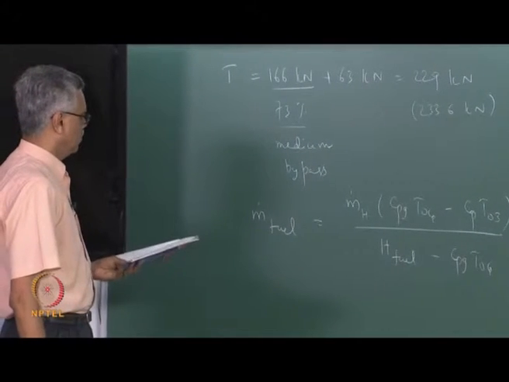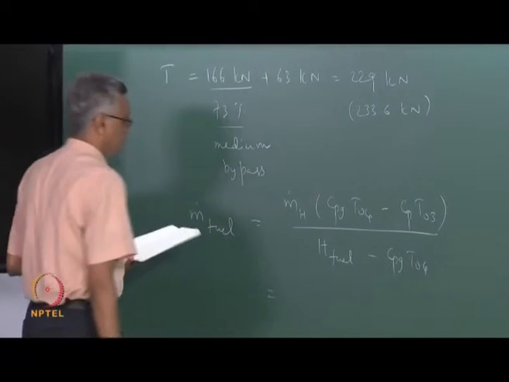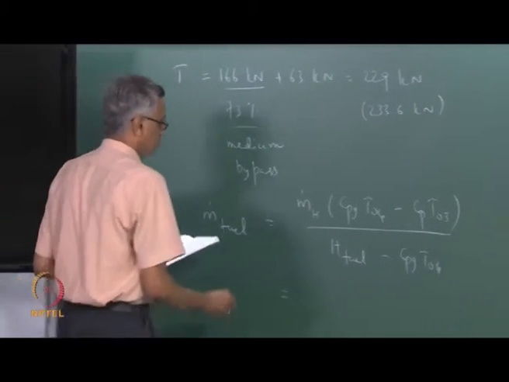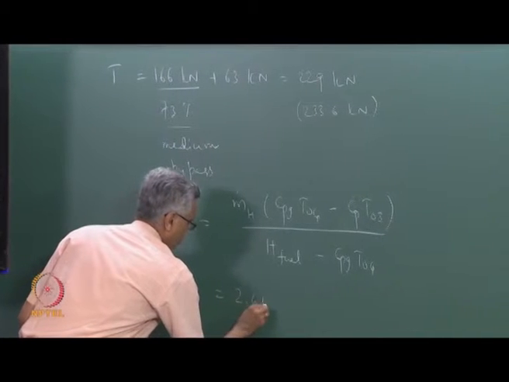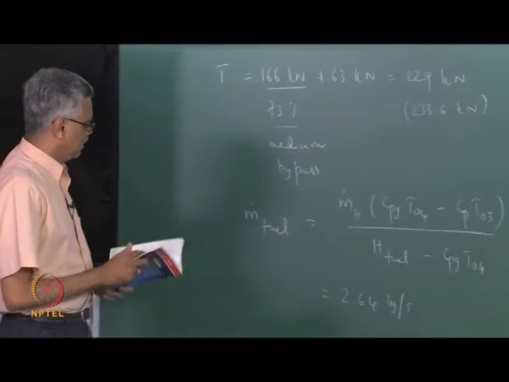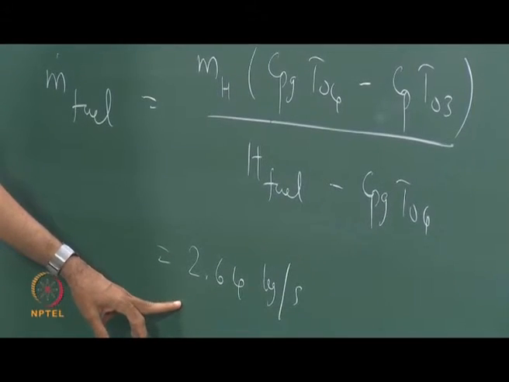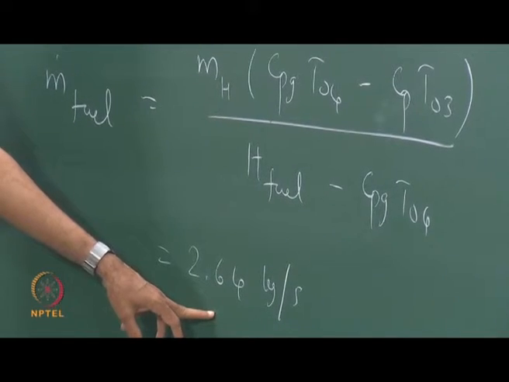If you substitute the numbers that we had calculated earlier, we get this value to be 2.64 kg per second.